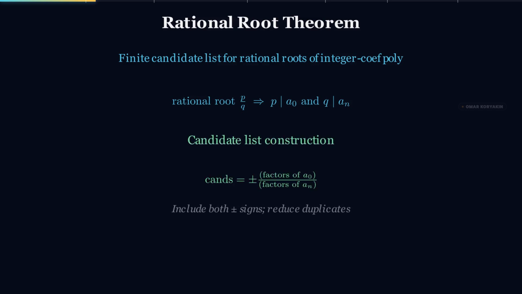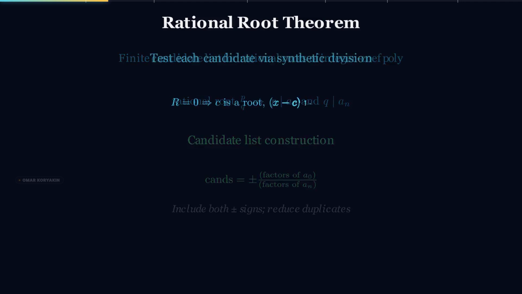Theorem statement: if polynomial p of x with integer coefficients has a rational root p over q in lowest terms, then p divides the constant term of p and q divides the leading coefficient of p. Equivalently, the numerator must be a factor of the constant term and the denominator must be a factor of the leading coefficient. The two divisibility conditions narrow the search from all rational numbers to a finite candidate set.